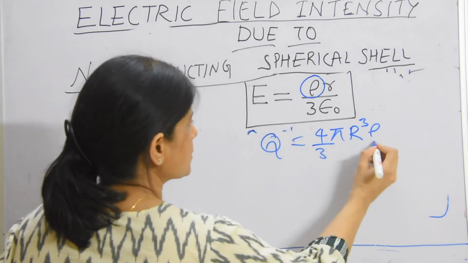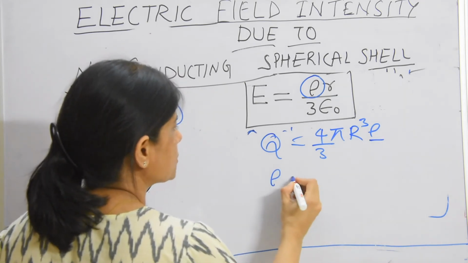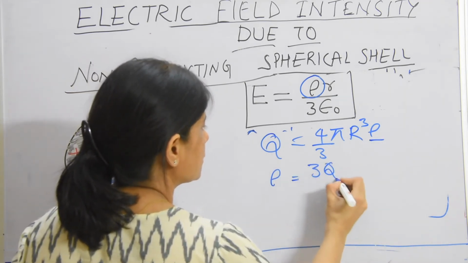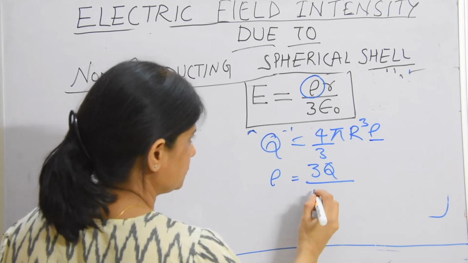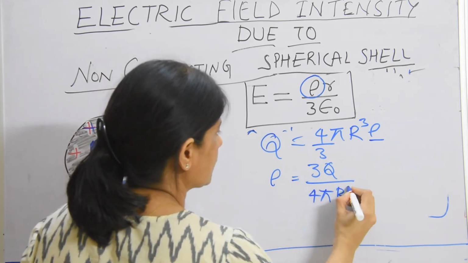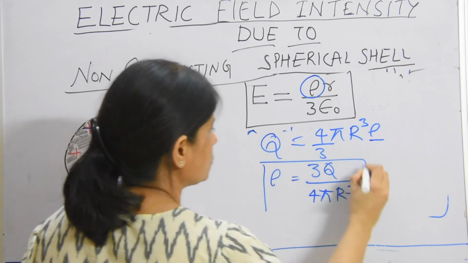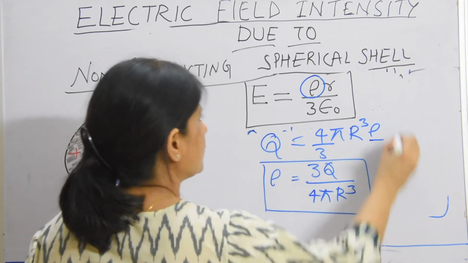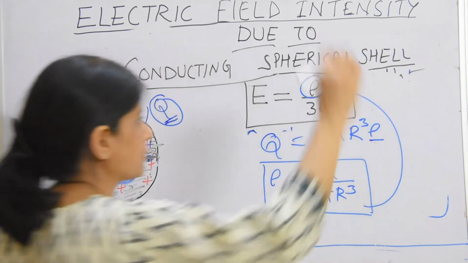So in place of rho, I can write in terms of charge 3Q upon 4 pi small r cube. This is the value of rho. We will keep it over here.